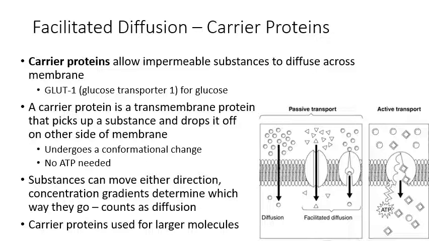If the concentration gradient pointed the other direction, though, if you had a lot of that substance on the inside of the cell and only a little bit on the outside, then it's going to go the other way. Then the carrier protein or the channel protein are always going to take the substance from the inside of the cell and put it on the outside. So because these proteins don't take energy to function, and because they are always carrying the substance in whichever direction is down the concentration gradient, that means it counts as diffusion.